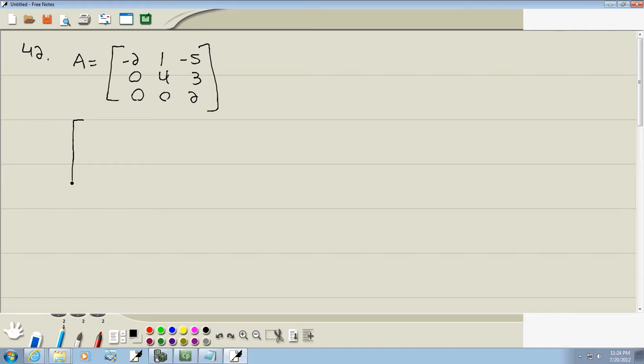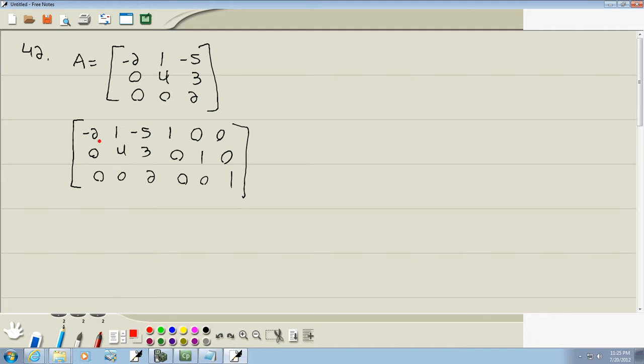Well, to find the inverse, we're going to put our A matrix down here. And then over here, we're going to want to put the identity matrix. So do 1, 0, 0, 0, 1, 0, 0, 0, 1. Basically, it's a 3 by 3 with a diagonal 1, zeros everywhere else. Now, through row operations, we want to end up with the diagonal 1s and zeros over on this side.